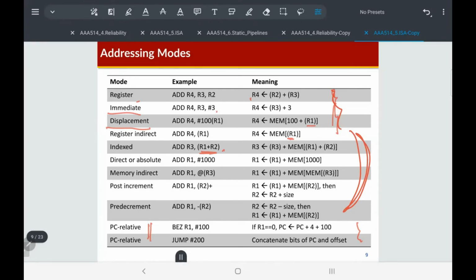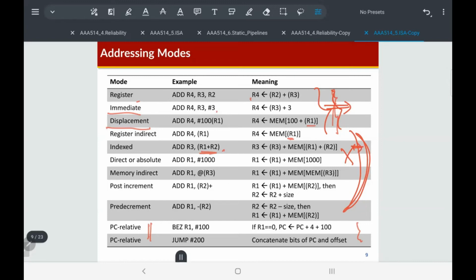So the RISC type ISA supports these three types of addressing mode, and it does not support the other, more complex types of addressing mode. But compilers can implement these complex addressing modes using multiple instructions.